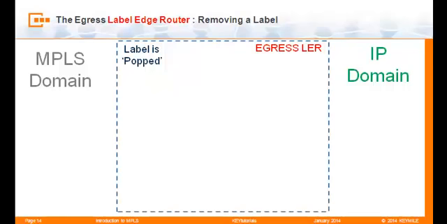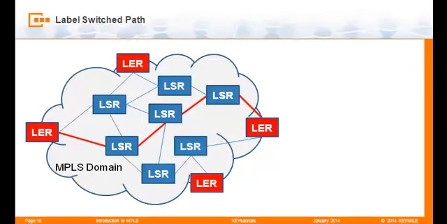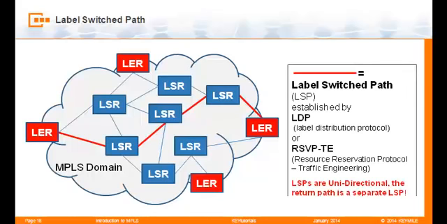Now clearly one of the advantages of MPLS routing over normal IP packet routing is that the path across the network is established even before the packet starts its journey. For every forwarding equivalence class that we talked about earlier, we have something called a label switched path, a predictable route, which has been put in place by one of two protocols that is running on all the LSRs in the network.